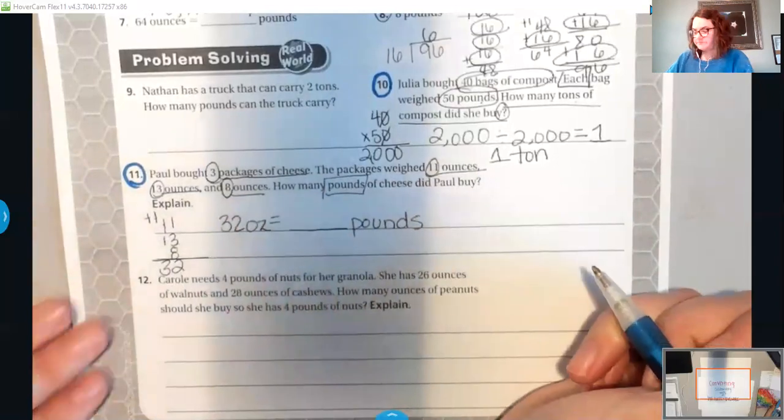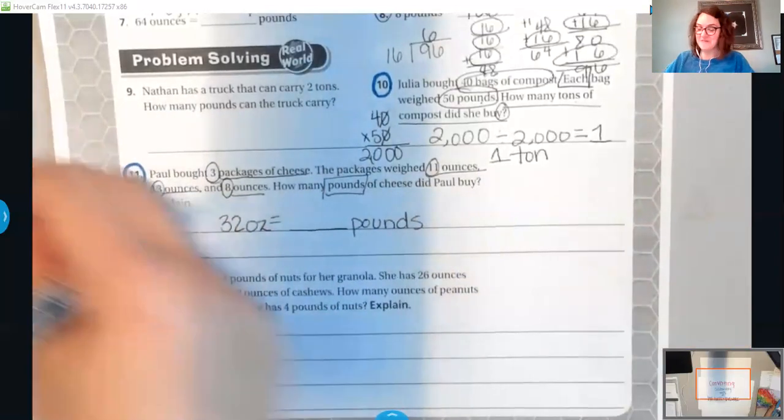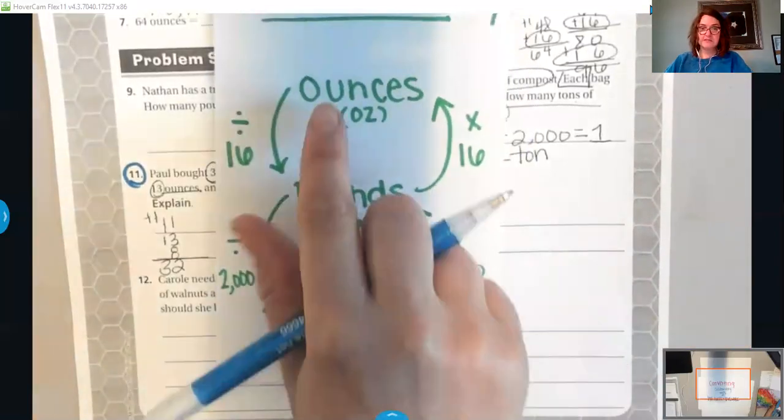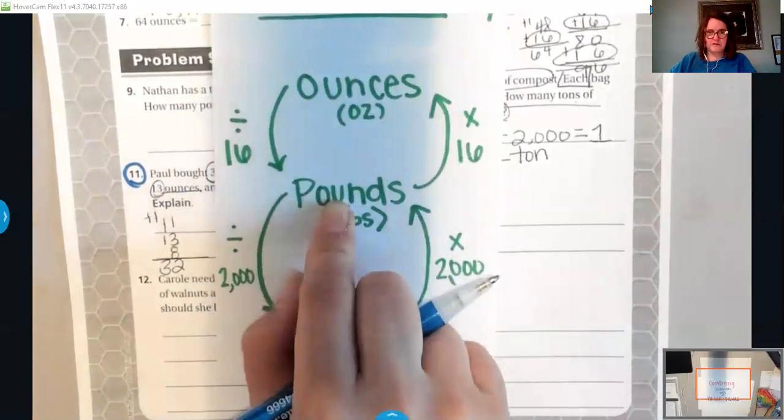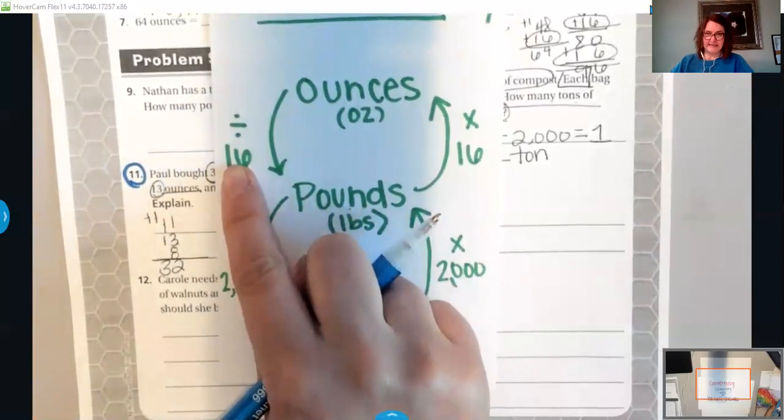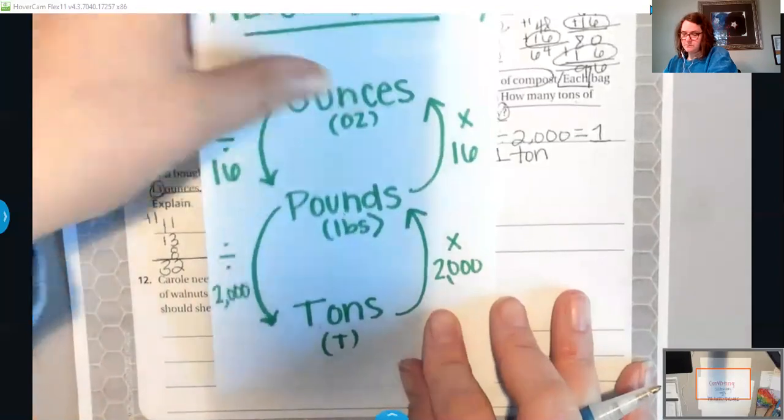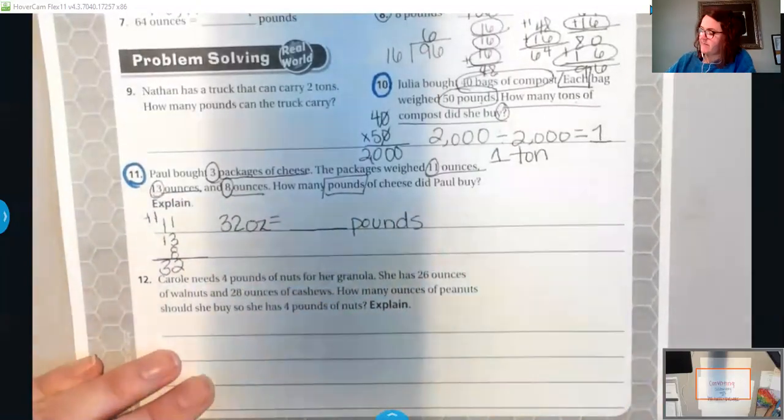pounds? Well, let's go back and check our reference sheet. Ounces to pounds. So I'm going to divide by 16. So 32 divided by 16.